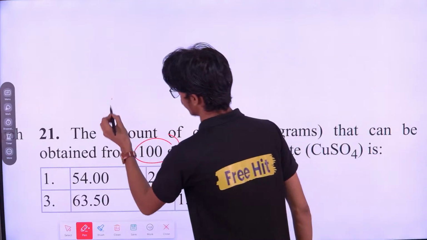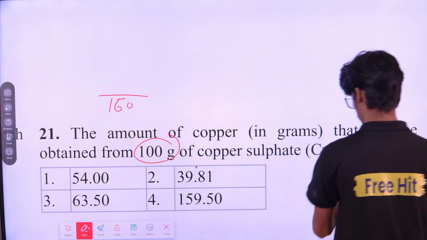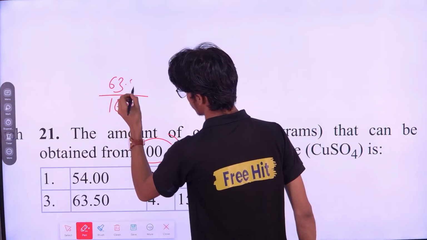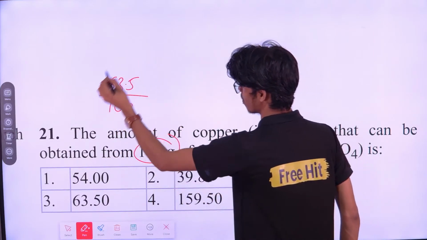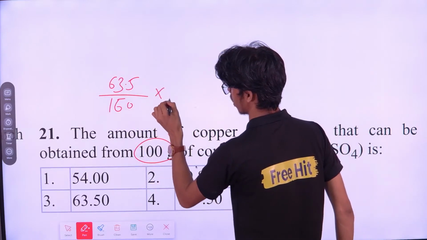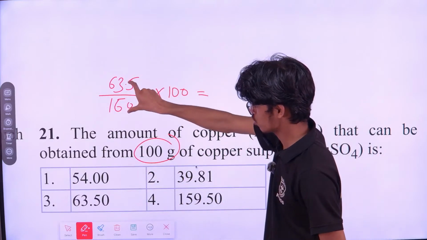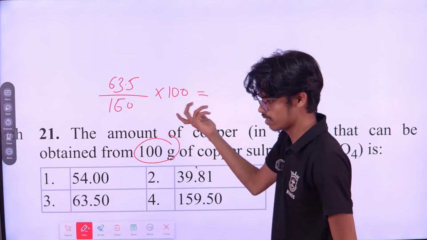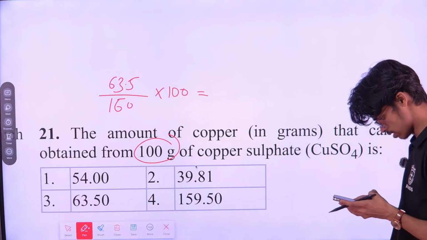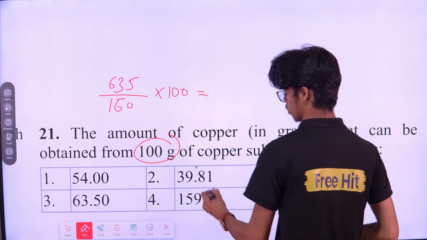So around 159, or you can say 160, is the mass of this compound, among which 63.5 is the mass of copper. This is the mass ratio. So in 100 gram, you just have to multiply the mass ratio with the 100 gram. That's it. You will find your answer. 63.5 into 100 divided by 160 is equal to 39.6 or something. So this is the right answer.